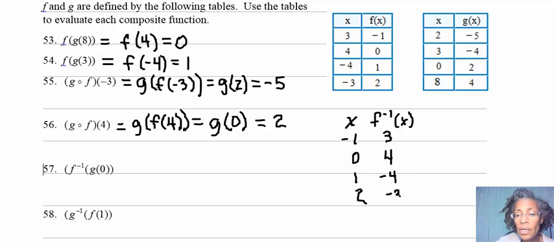Notice all I did was interchange x and y. And I could do exactly the same thing with g to get g inverse. All of the y values from the g table become my x values on the g inverse table.